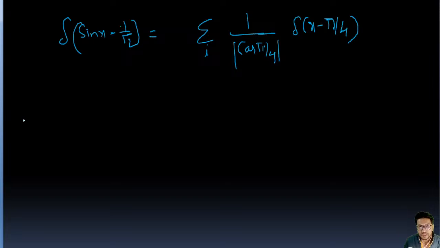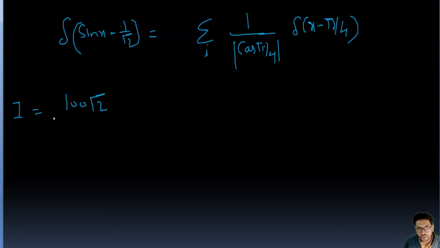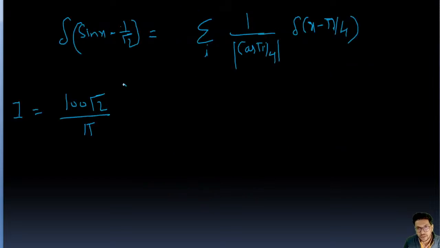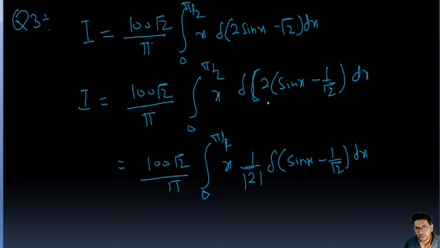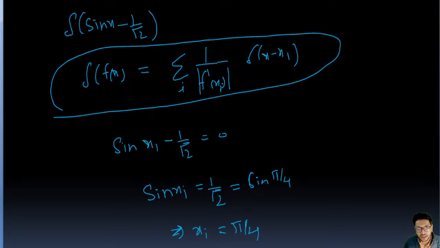So now the integration is going to be I equal to 100 root 2 upon pi, integral from 0 to pi by 2, of sigma of the value of this delta of sin x minus root 2, times x. The 2 mod 2 we have taken outside.